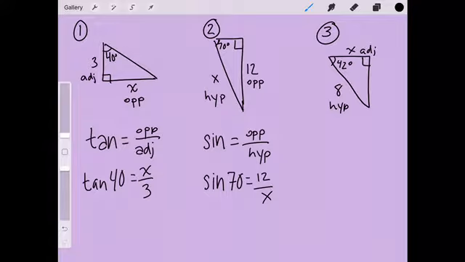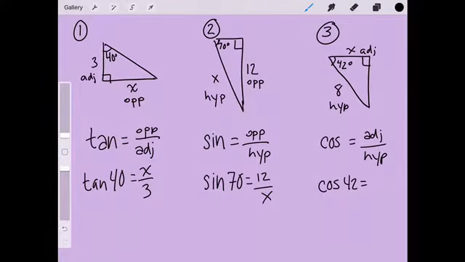And lastly, we have adjacent and hypotenuse, which is cosine. Cosine is equal to adjacent over hypotenuse, so we would use cosine in this situation, making the equation cosine of 42 equals x over 8. If you'd like to challenge yourself, try to solve these and see what you get for the value of x.